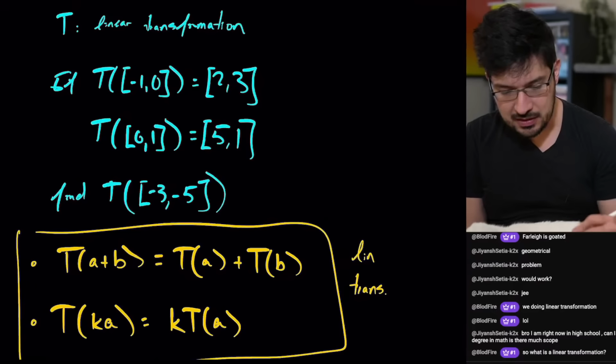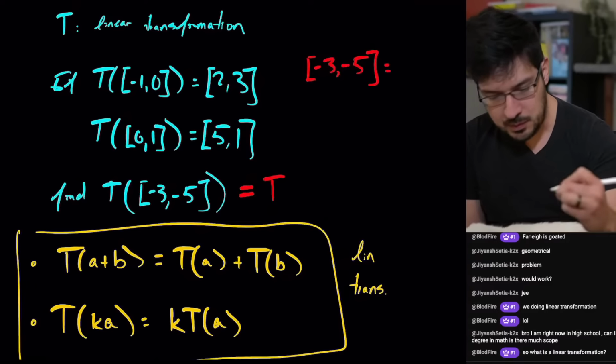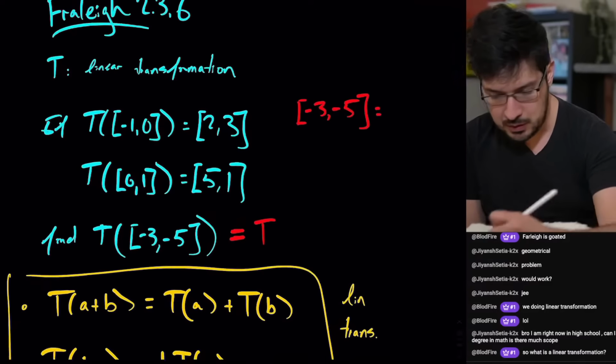So T of (-3, -5) would be equal to... Note that (-3, -5) is equal to 3 times... Let's call this one x, and let's call this one y. Right? So then it would be 3 times x plus -5 times y, right?